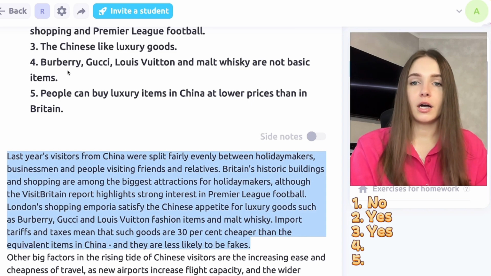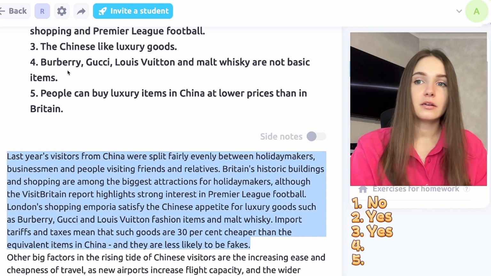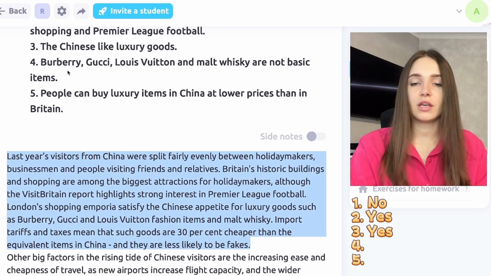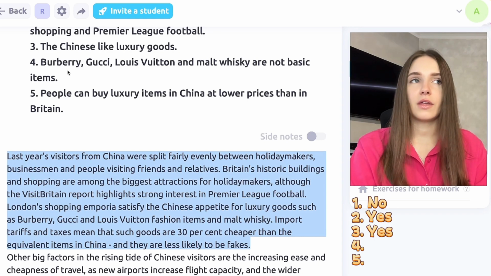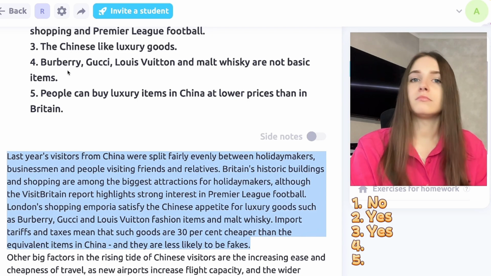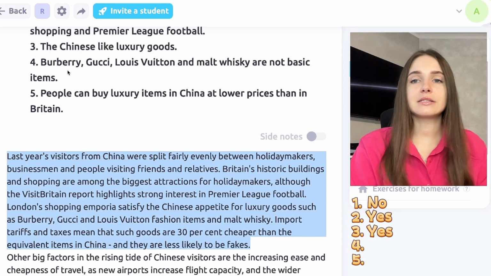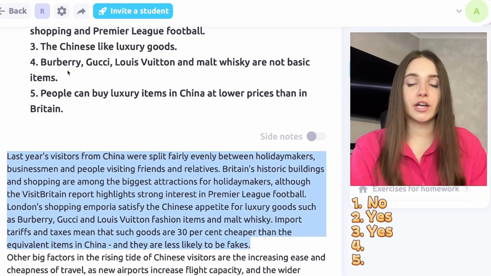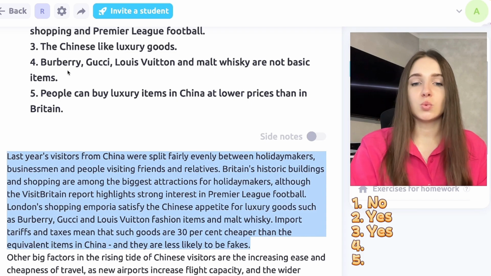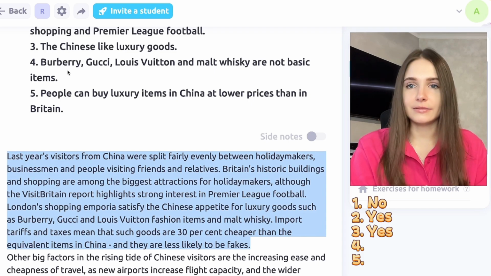Here, to say that it's yes or not given, the author should give us something more, stating that it's really vital or that it's unnecessary, extra, luxurious, anything. But the author doesn't give us anything about it. After saying that the Chinese people like luxury goods, the author proceeds with talking about the prices.